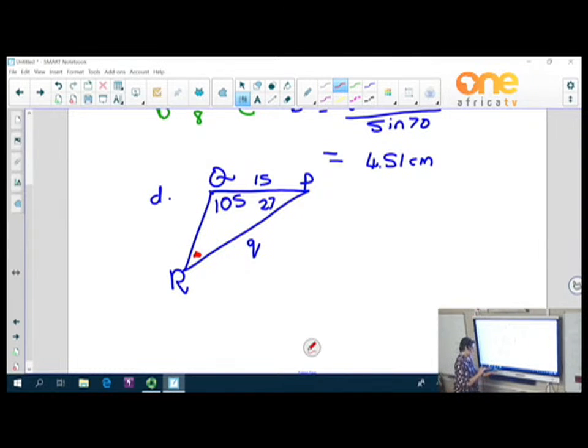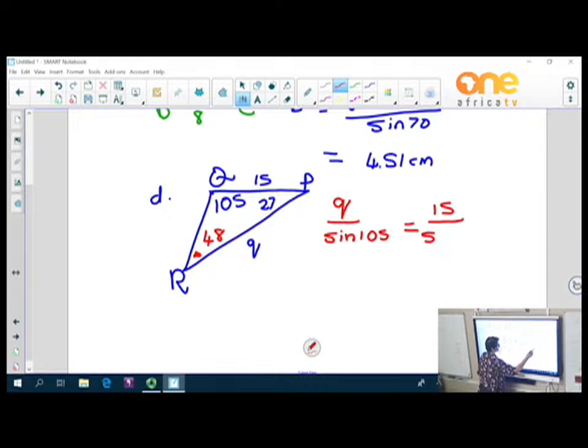So it is 180 minus 105 minus 27, which is equal to 48 degrees. Don't just take any angle. They must be opposite the side. So I want to calculate q. q is opposite sine 105 degrees is equal to, and now I'm taking this one, so it is 15 over sine 48 degrees.